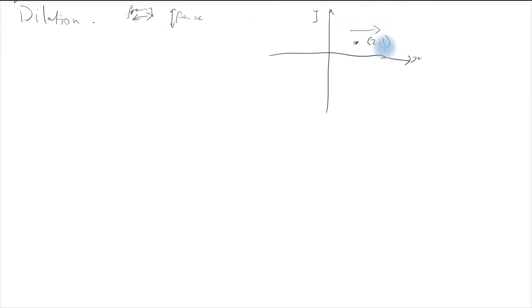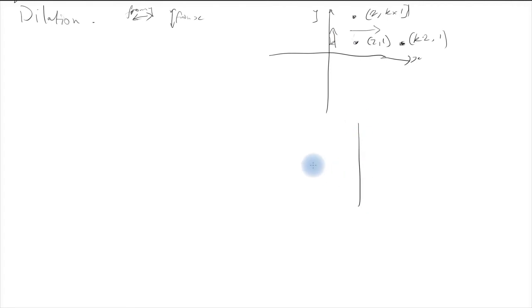The point will move here and become k times 2, 1. Or if we wanted to dilate upwards by k units, the point will be up here, and the coordinate will be 2 and k times 1.